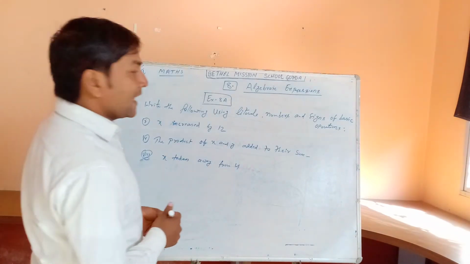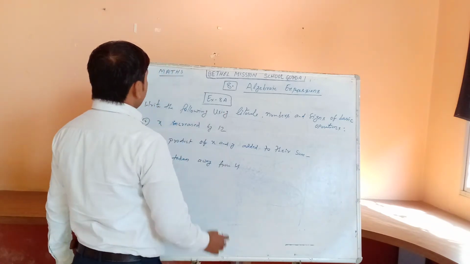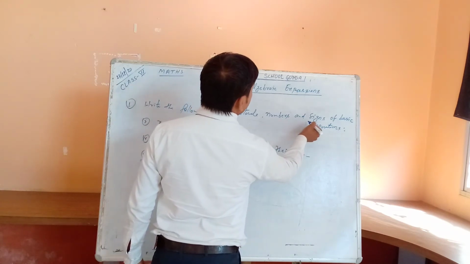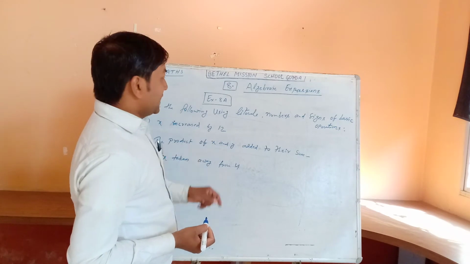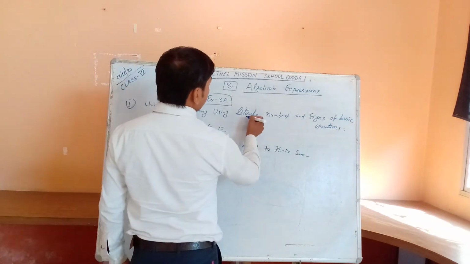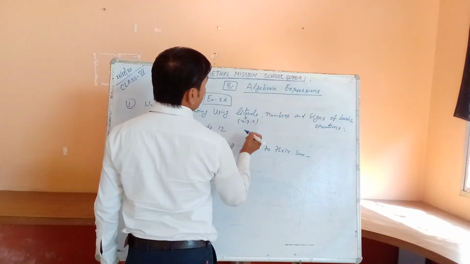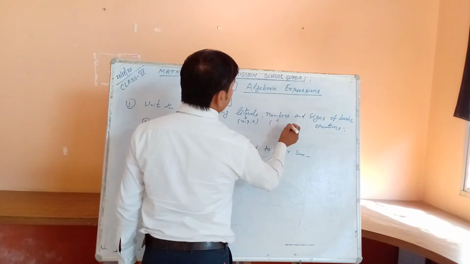Now I have taken some examples of exercise 8a. Write the following using literals, numbers and signs. So what is a literal? Literals are x, y, z or a, b, c. Numbers are 1, 2, 3, 4, whatever is given.